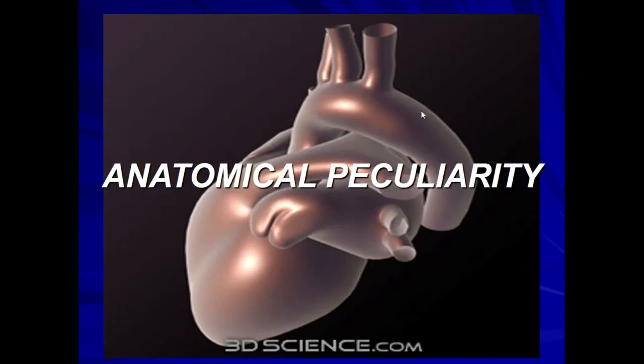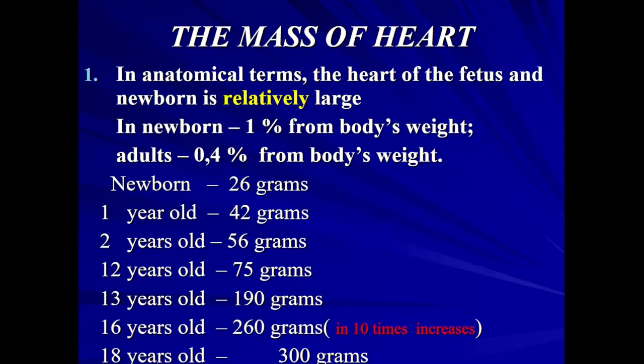Anatomic particularities of the cardiovascular system. The mass of the heart. In anatomical terms, the heart of the fetus and newborn is relatively larger than in an adult. In newborns it is 1% of the body's weight, and for adults only 0.4% of the body's weight.